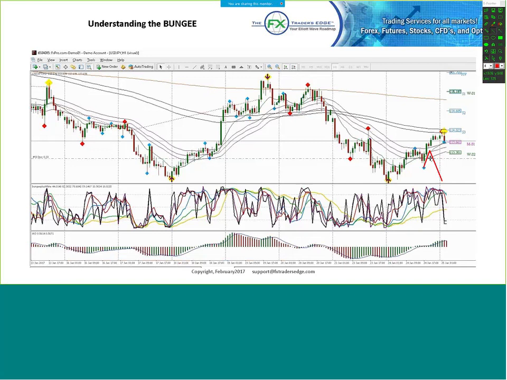Fair enough, you can go in on this second attempt, if that's what happens. But watch for these black bungees, especially if they are stretched away from the red. Yeah, well stretched away from the red. In this particular instance, that is something worth looking for. It will keep you out of a potentially bad trade.